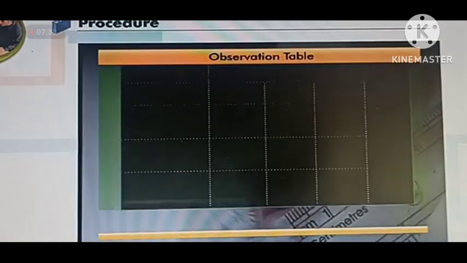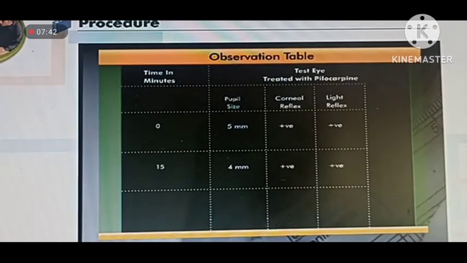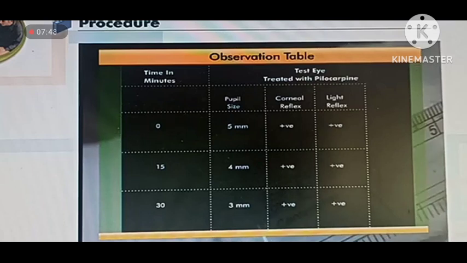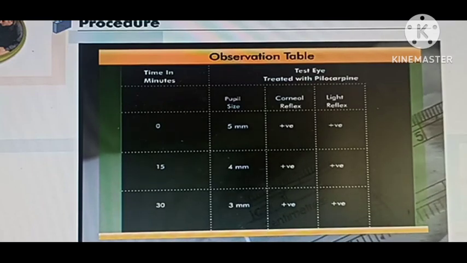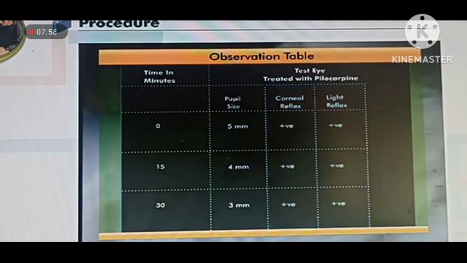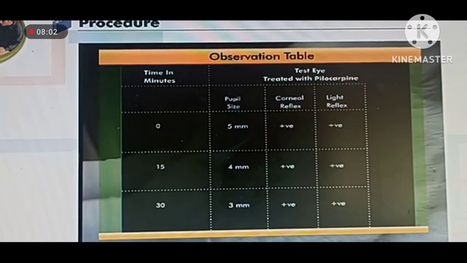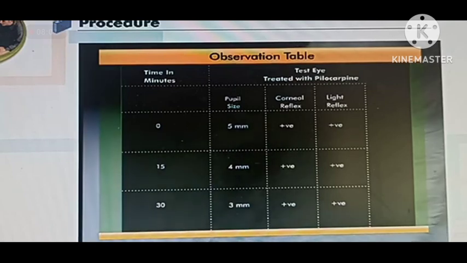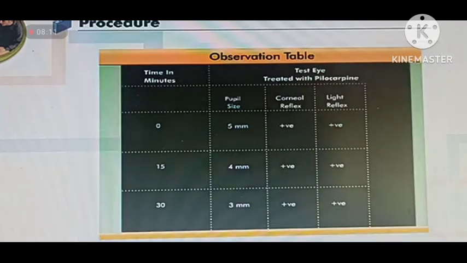Measure the pupil size in both the eyes at an interval of 15 minutes up to 1 hour. You will observe that the pupil size of the test eye decreases as compared to that of the control eye. Also note the unchanged pupil size in the control eye throughout the experiment, along with presence of corneal reflex and light reflex.